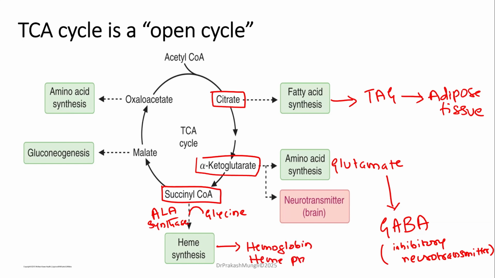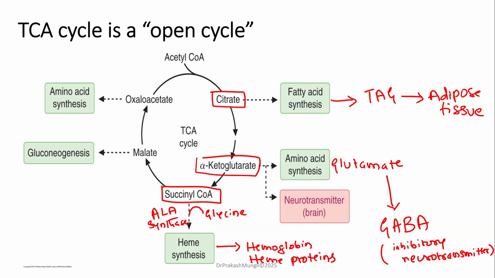Wherever heme is required, this is how heme is synthesized. Succinyl-CoA, which is a TCA cycle intermediate, will be pulled out of the TCA cycle, combining with glycine to make ALA initially and eventually goes to heme. So there is a pathway for that, and the very first enzyme in that heme synthesis pathway is ALA synthase.